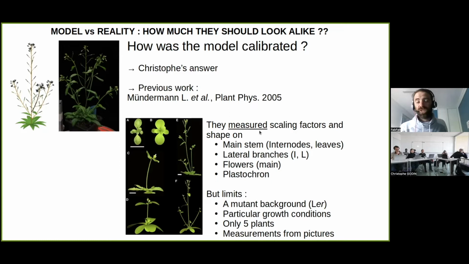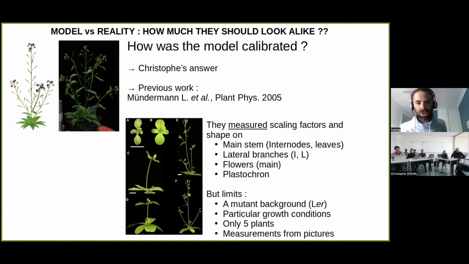The calibration was well done, and they explained it very well, but it was done only on 5 plants. So in their models, they only use a mean behavior, but they never incorporate the variance and the variability of it. And so I think that would be a very interesting work to question how we can integrate the variability of a measurement into a model.